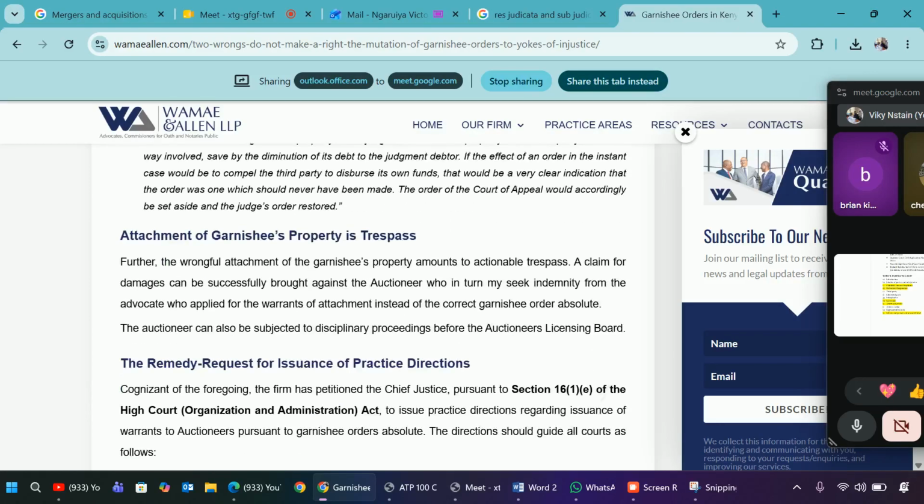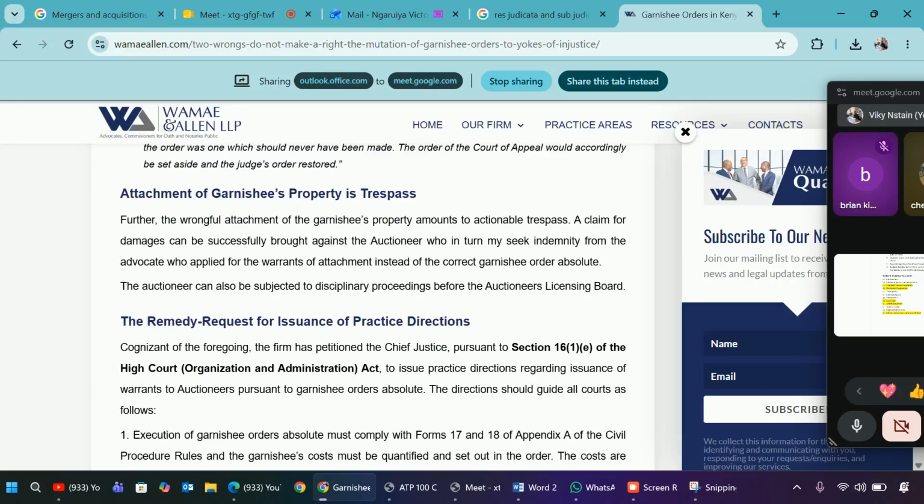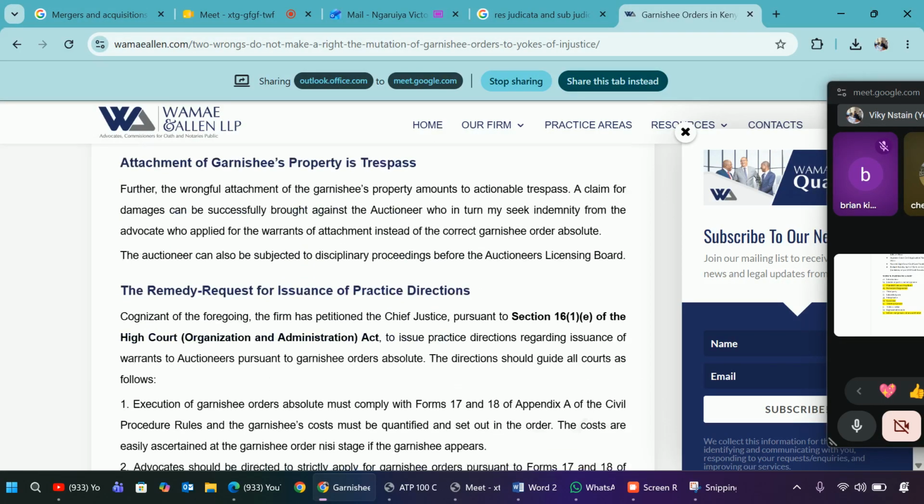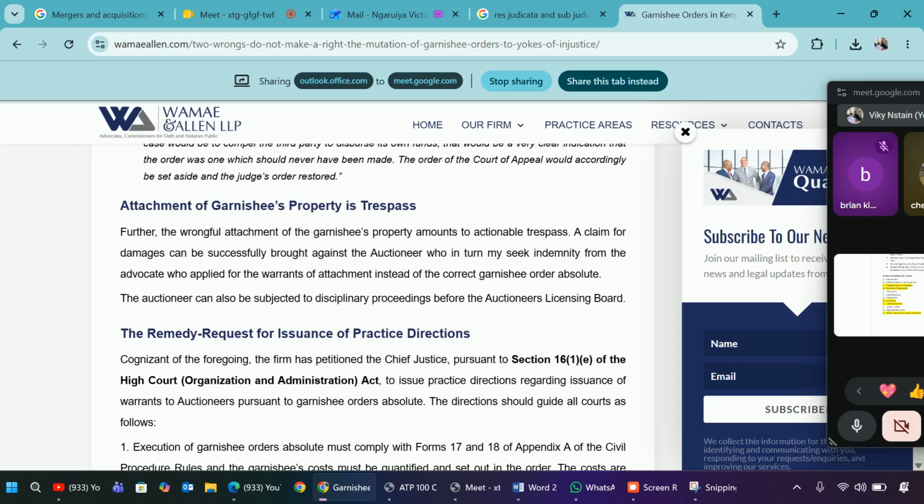Some individuals attempted to attach the garnishee's properties, and this amounts to trespass, because the blog continues to say that the wrongful attachment of the garnishee property amounts to actionable trespass. A claim for damages can be successfully brought against the auctioneer, who in turn may seek indemnity from the advocate who applied for the warrants of attachment instead of the correct garnishee order absolute.